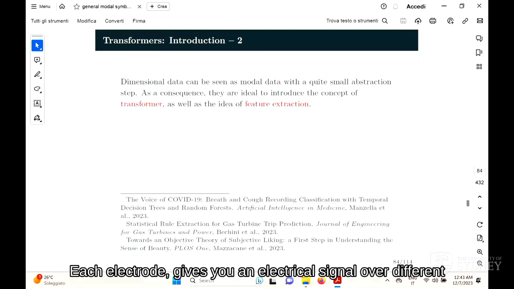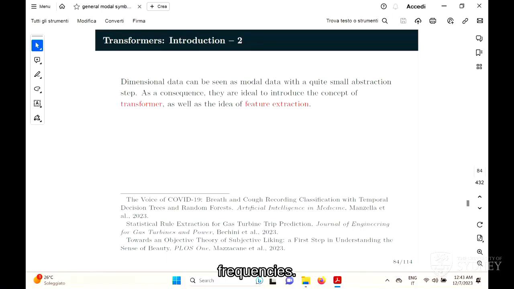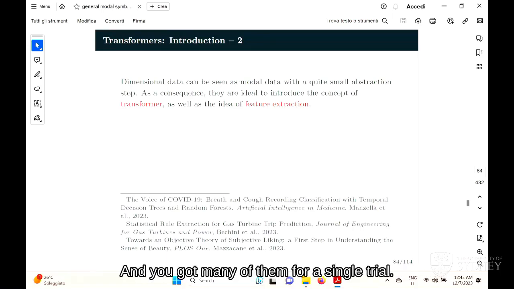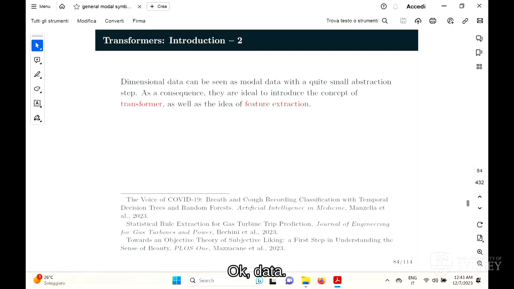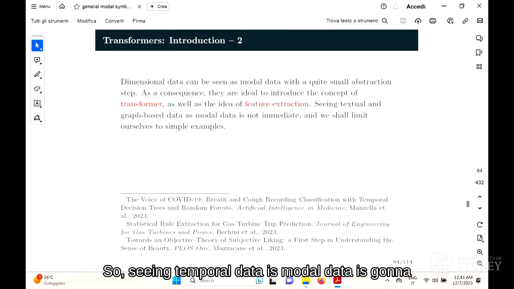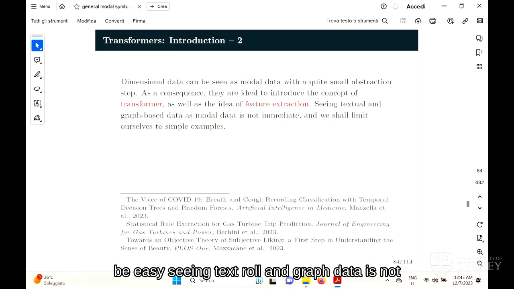Each electrode gives you an electrical signal over different frequencies, and you have many of them for a single trial. This is multivariate temporal data. So seeing temporal data as model data is going to be easy.